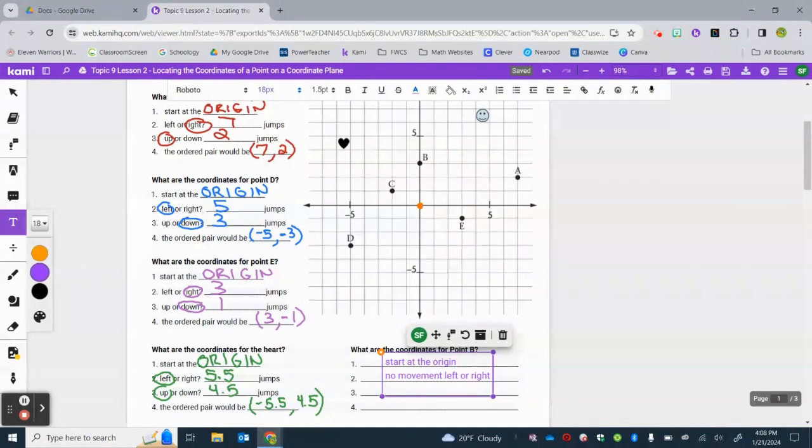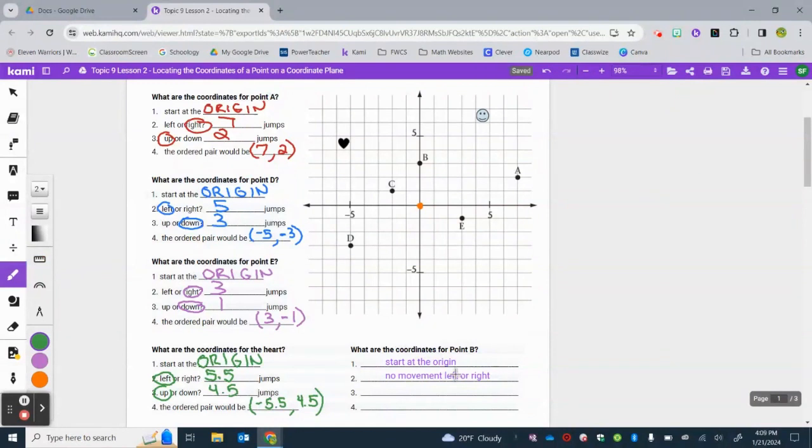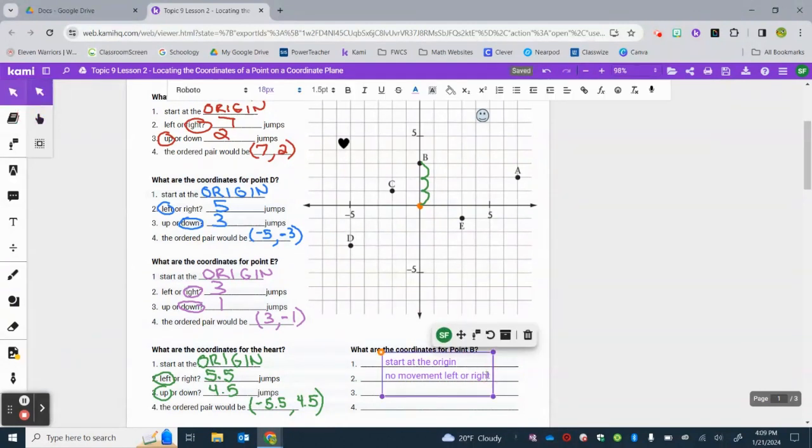And then I can see, since I do not move left or right, I am just going to go up from the origin, 1 jump, 2 jumps, 3 jumps. So we're just going to put up 3 jumps.